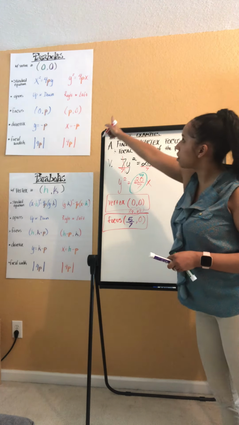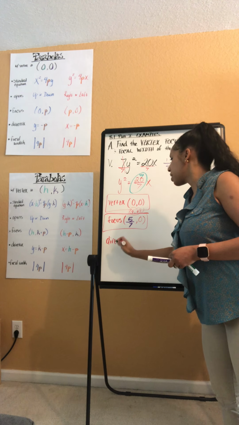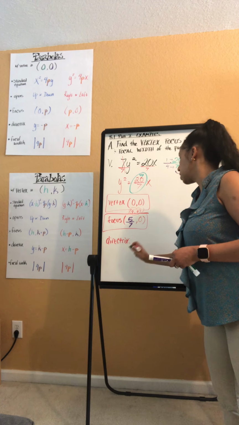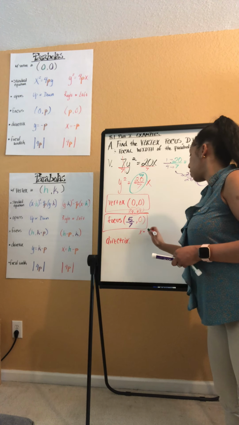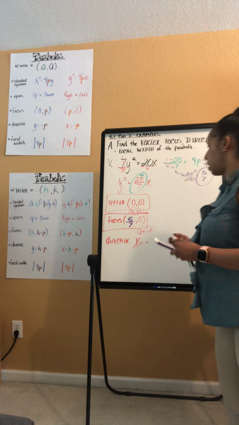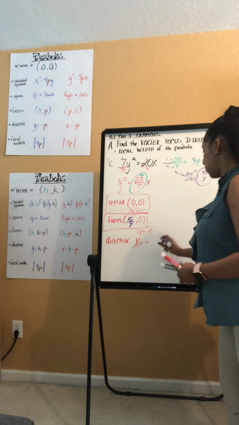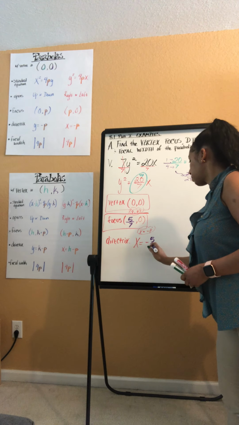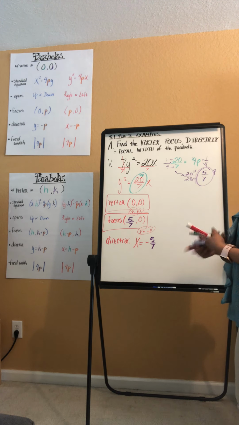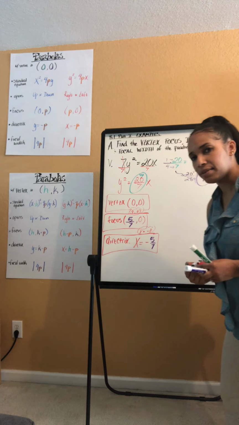The directrix on the top red side actually starts with x equals. It's x equals negative p. Okay, so x equals negative, and the p was 5/7. So negative 5/7. All right. It's a lot easier when our vertex is 0, 0.